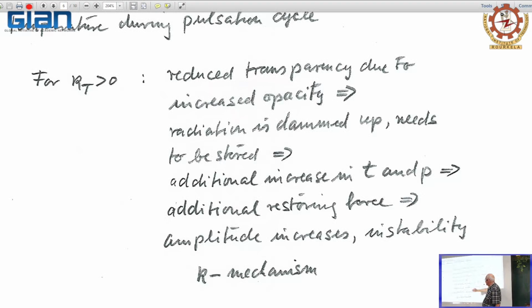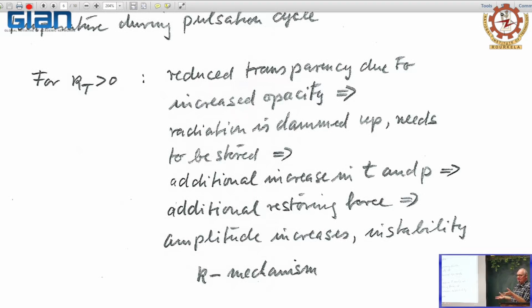So when this heat is to be stored, we have an increase in temperature and pressure, and then similar to the epsilon mechanism, we have an additional restoring force in addition to the adiabatic restoring force in that phase. Again, this leads to an amplitude increase and to an instability. So this is the intuitive model for the Kappa mechanism to work.